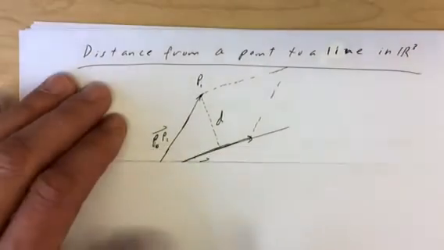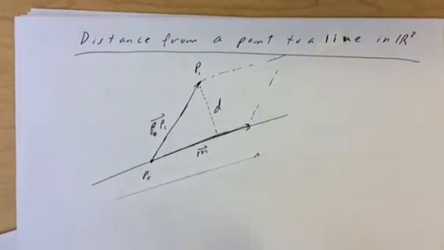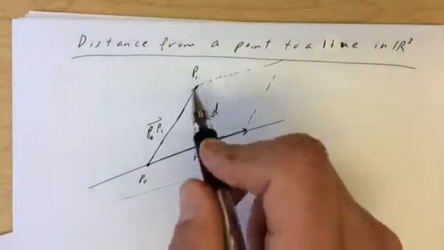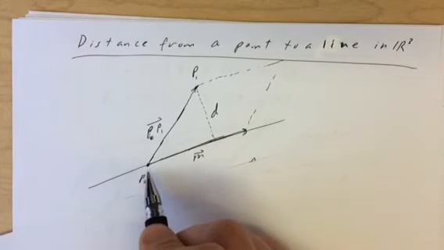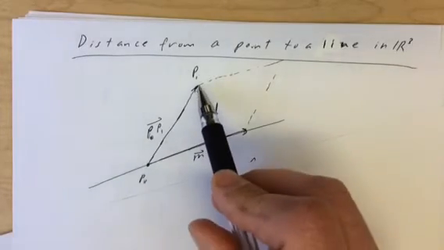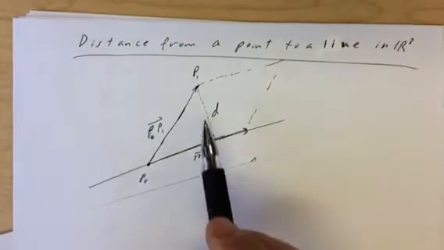We need to draw the diagram. Here's the point P1. Here's the line. Some point P0 on the line, which you can get from the parametric or vector equation of the line. And you want to find this perpendicular distance to the line.